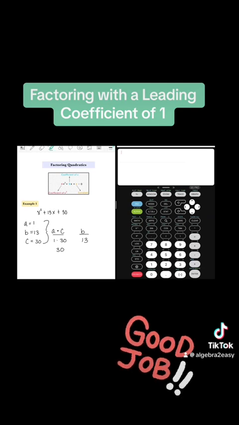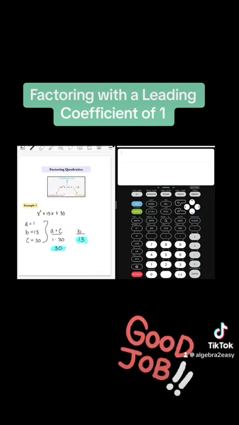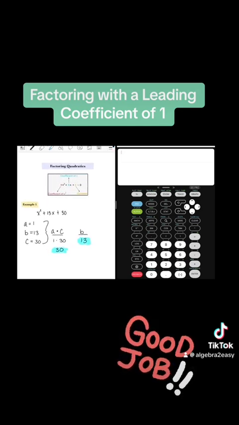So we're looking for two numbers that multiply to give me 30, but add to give me 13. I could make a little chart here, but why even bother using a chart? Let's just use our calculator.